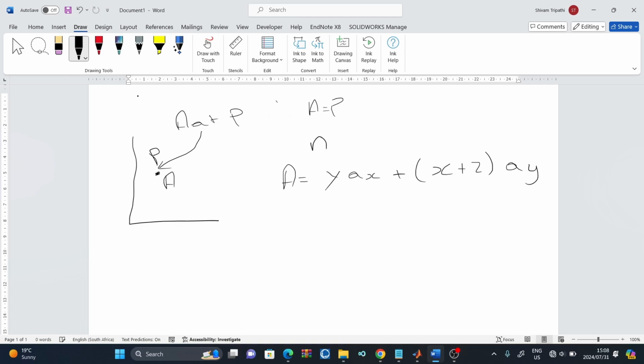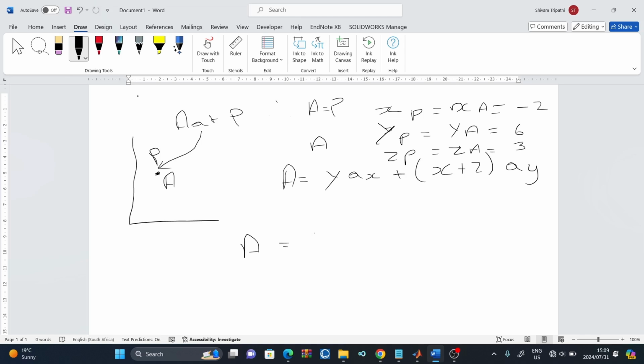Therefore, you can say the x value of P will equal the x value of A, the y value of P will equal the y value of A, and the z value of P will equal the z value of A. So you can substitute those values. Py is 6, so let me just write it there. That will be minus 2, 6 and 3.